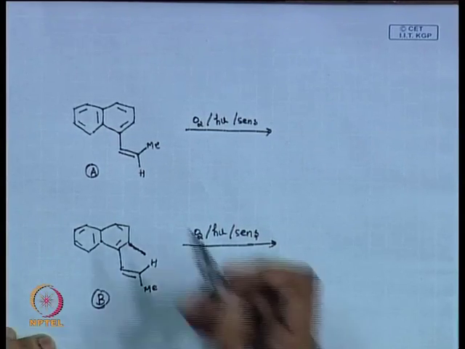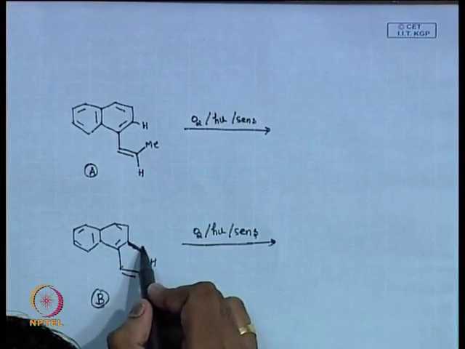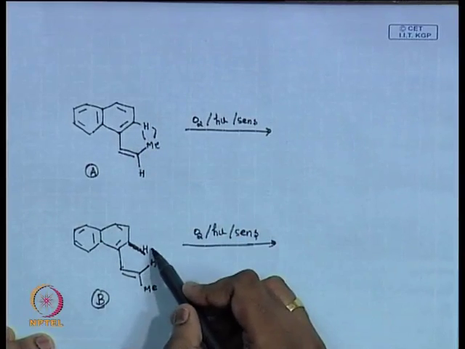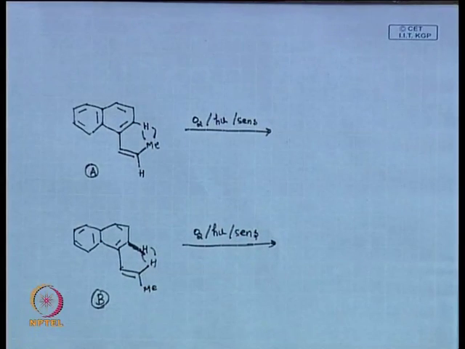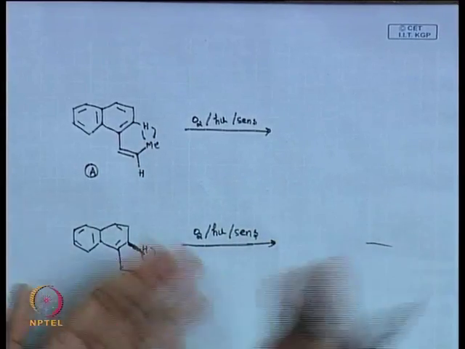Any idea? Just see here, this hydrogen is there, right? Which is greater, the interaction of this hydrogen and methyl, or of this hydrogen and hydrogen? This one is greater. So, it does not want to stay there, it flips across and goes down.